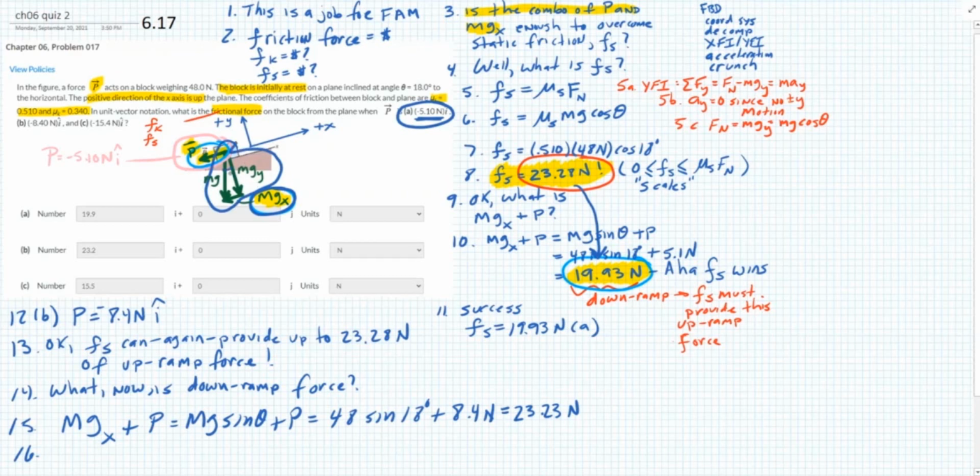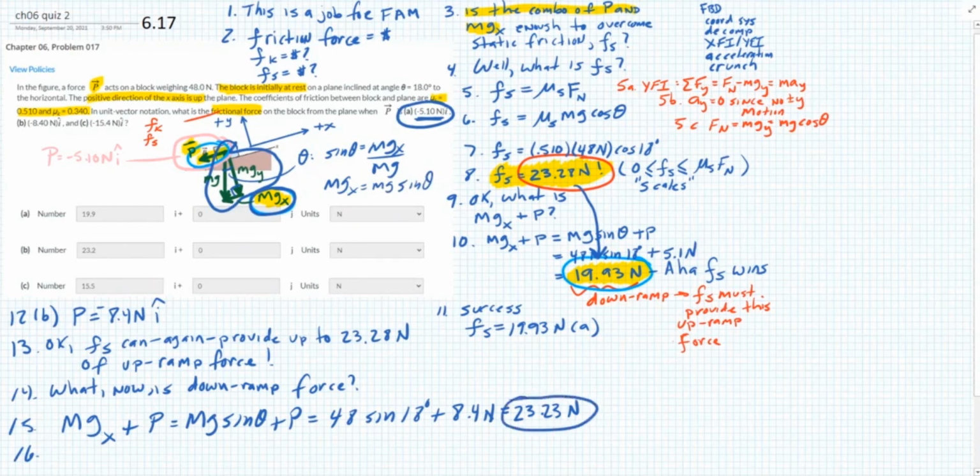And just to play it out, just because this is good reinforcement, I would say, well, if this is the angle theta, I know sine of theta equals side opposite, which is mgx, over hypotenuse, which is mg. And that's how I'm saying mgx equals mg sine theta. Okay, so I have this much downward force.